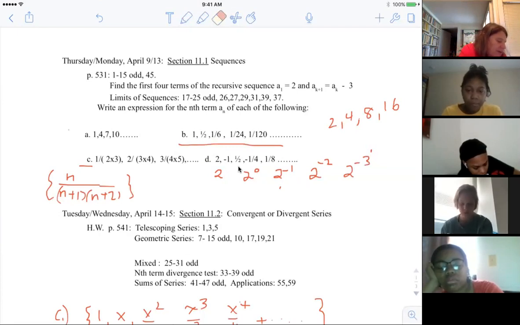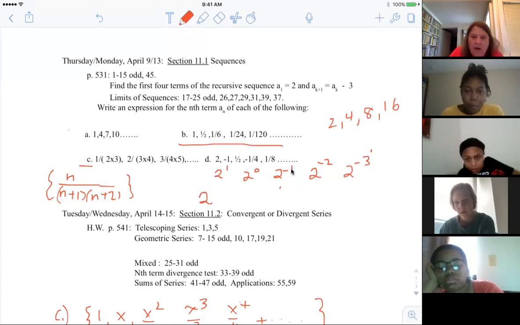I think that if I start with this, I need a power on 2 that's going to start out with a power of 1, and then go to 0, and then go to -1, then go to -2 and -3. I'm looking for something that's decreasing here, and I want it to start with 1. What I finally came up with for this was something like this.